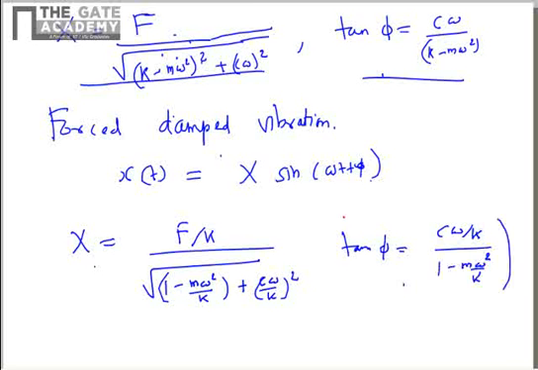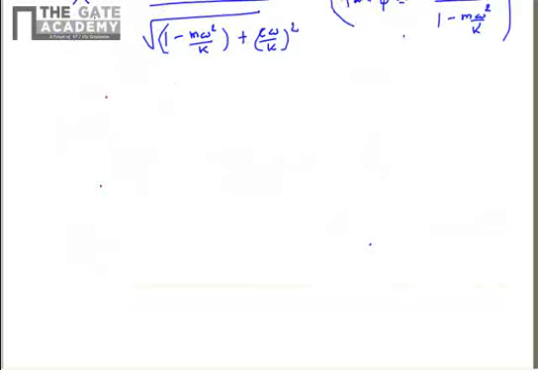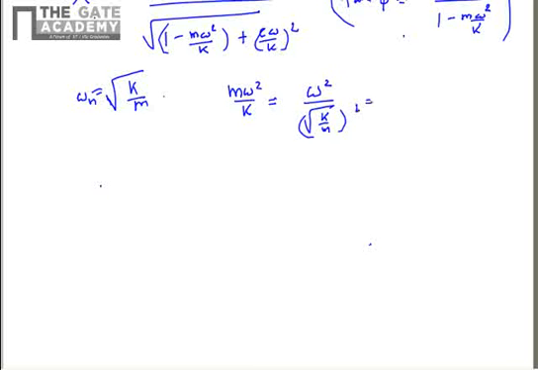This we will try to simplify from the known quantities that we have seen earlier in the case of damped oscillation. We know that the natural frequency omega n is equal to the square root of k by m. So the expression m omega square by k becomes omega square divided by the square root of k by m whole square, that is equal to omega by omega n whole square.